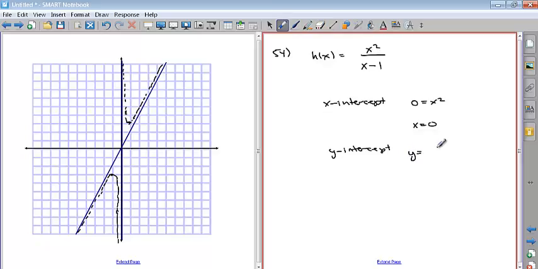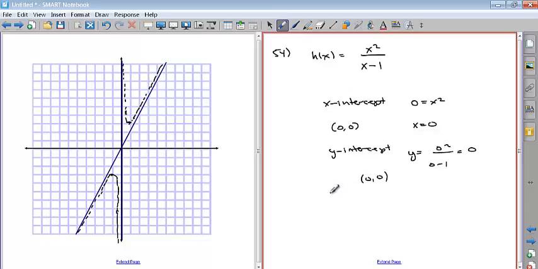So you get 0 squared over 0 minus 1, which is 0, because you get 0 over -1, which is 0. So the x-intercept is going to be 0, 0, and the y-intercept is the same thing, 0, 0. Okay.